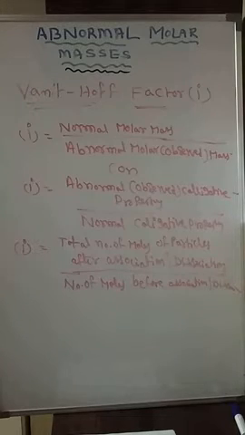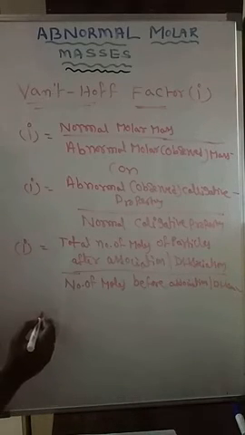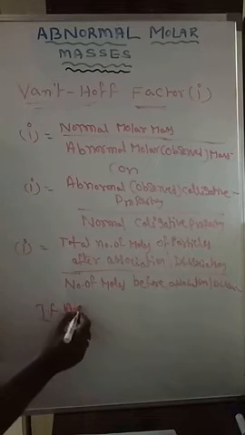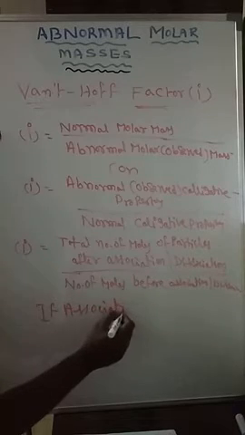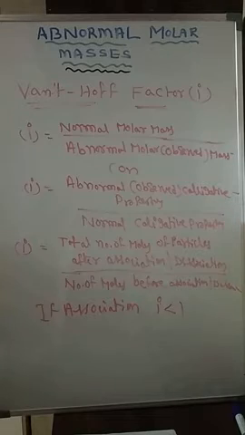In case of association, the value of i is less than unity. So if association takes place, your Van 't Hoff factor i is less than 1.